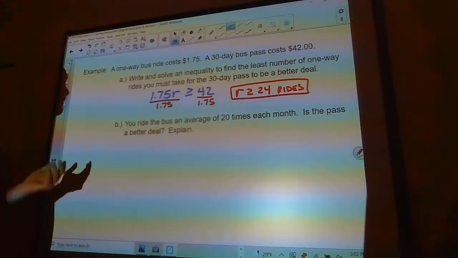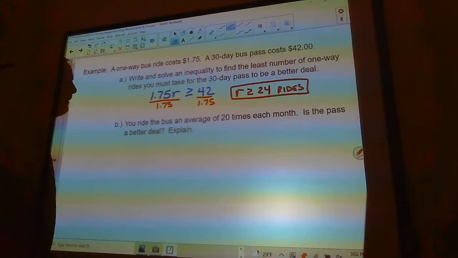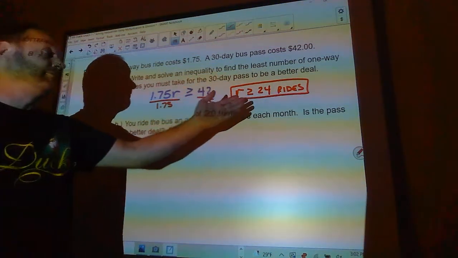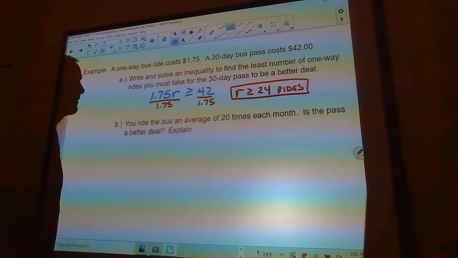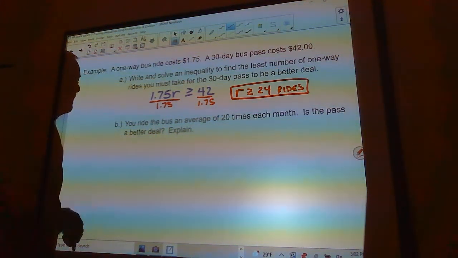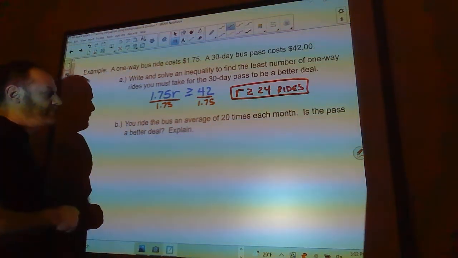They usually ride it both ways. If it said you were commuting to work, it might be better. That'd be 12 days of commuting because you'd ride to work and then ride back. But it just says how many rides you have to take. So it's got to be 24 or more rides a month.